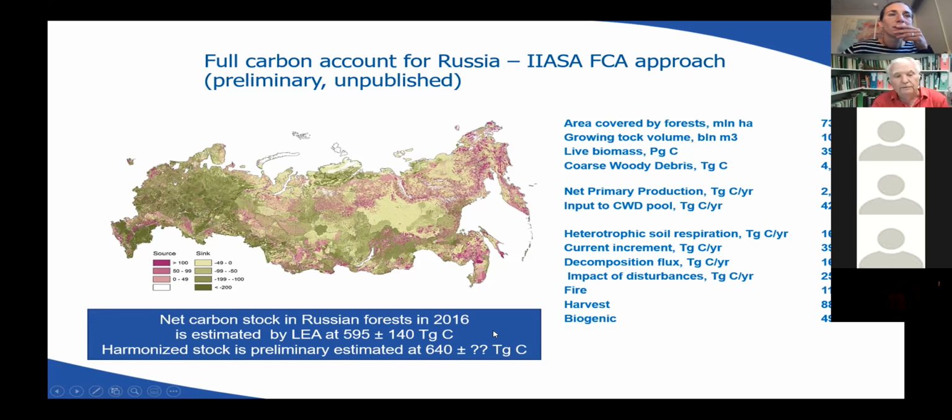Unfortunately, we have not been able to give today an answer on what it will be if we use a really systems approach, because for 2016 we still did not find enough data for the rest of the methods. But what we were able to do is something like 50 billion tons more, but we do not know.